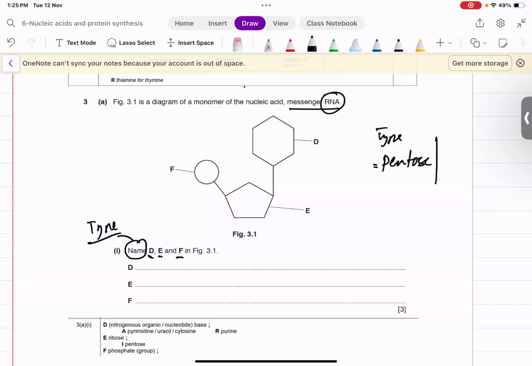Name is ribose or deoxyribose. So as it is an RNA, E should be ribose, and F should be a phosphate group. And D is a nitrogen base, but nitrogen base obviously is a type, and it is a single ring, so it should be a pyrimidine base.